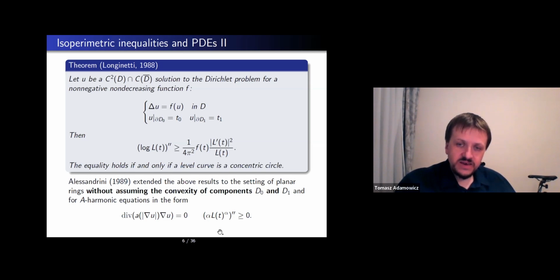Then Alexandrini's isoperimetric inequality is the following one, with parameter alpha depending on the growth of this A-harmonic operator A. And the equality here is slightly more complicated, because the equality here occurs for a circular annulus and for a properly chosen p-harmonic function, such function that p is defined in terms of the growth parameter for A-harmonic operators.